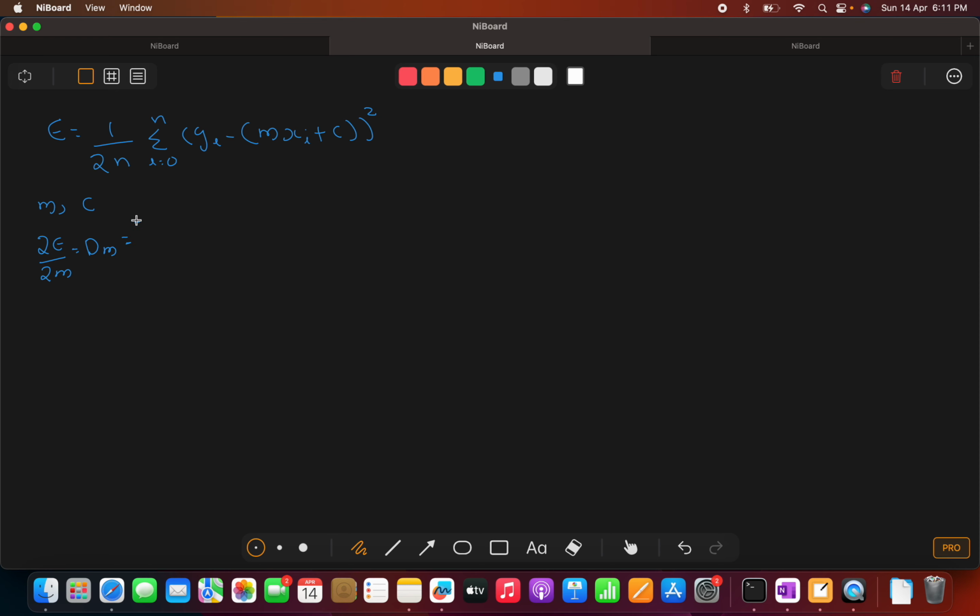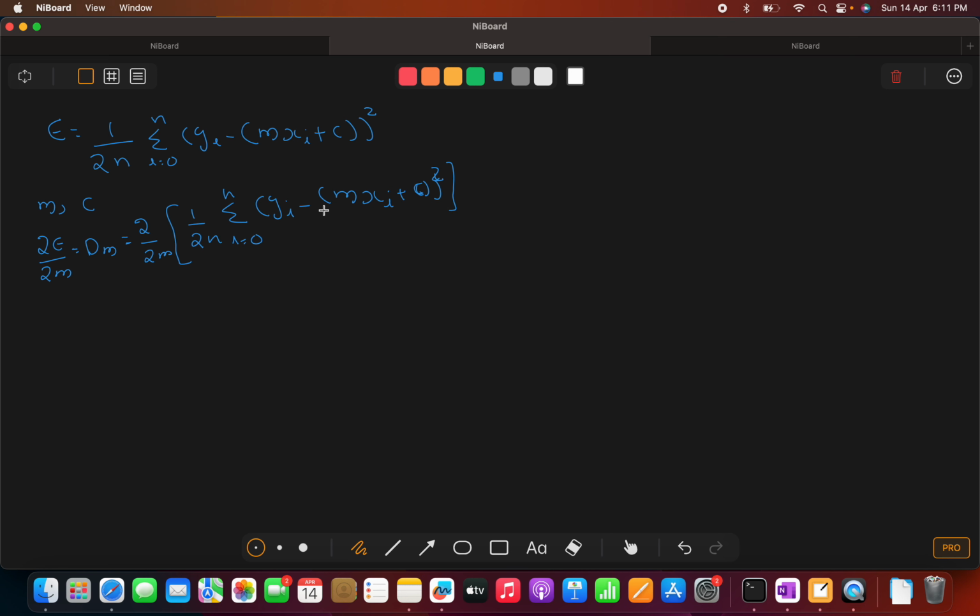So this will be dou by dou m of this entire function, that is, 1 by 2n sigma i equal to 0 to n of (yi minus (mxi plus c)) all squared.